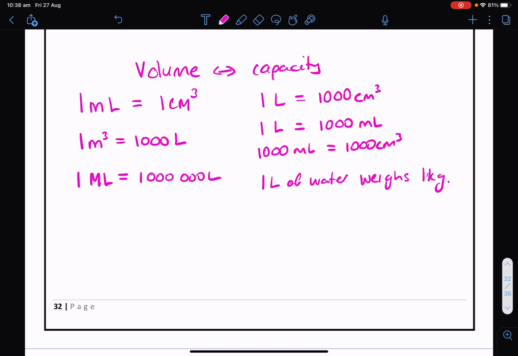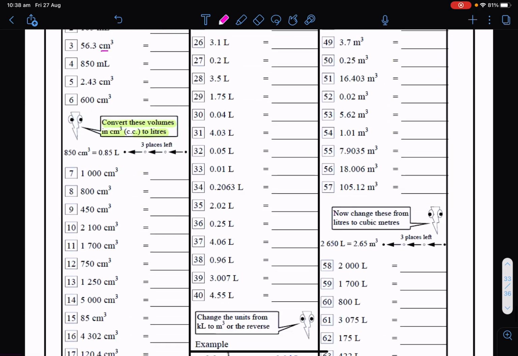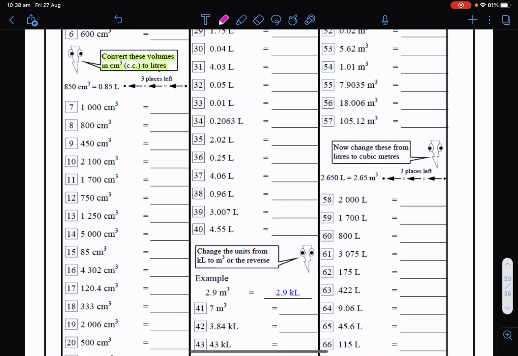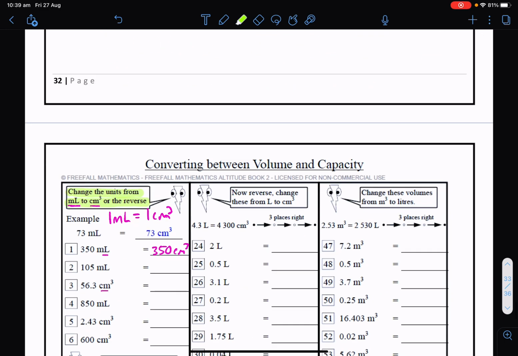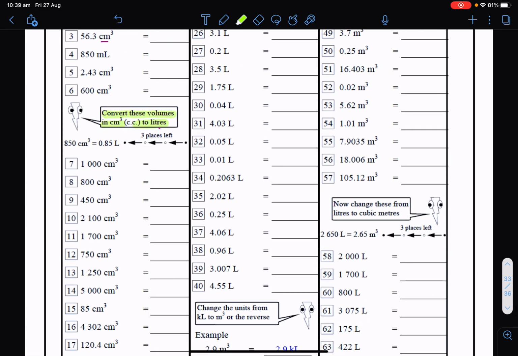Well, if you have a look here, we've got 1 litre equals 1,000 centimetres cubed. So we're going to have to use that. So it tells us here, if we've got 850 centimetres cubed, we're going to have to divide by 1,000, aren't we? So we're going to divide by 1,000 for this one.